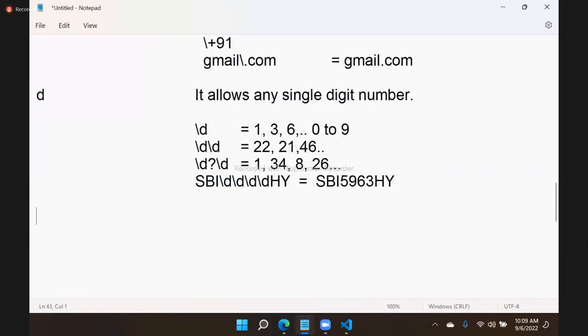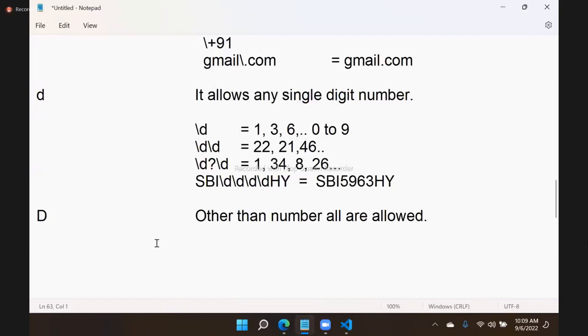Another important one, you can use uppercase D, \D. It indicates that other than numeric, other than a number, all are allowed. That means only a number is not allowed, others are allowed. Alphabets are allowed, special characters are allowed, but numbers are not allowed.